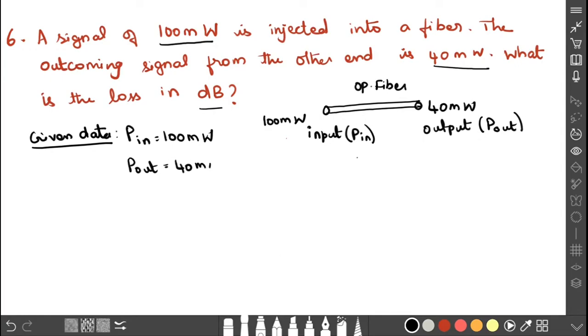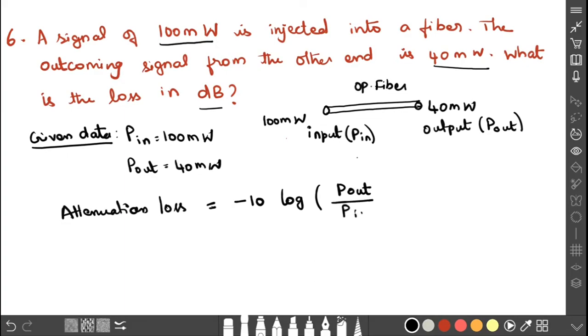Next, the formula for finding the loss, actually the attenuation loss. Listen carefully: attenuation loss is equal to minus 10 log of P out divided by P in. Its unit is decibel. So these two values we substitute in this formula to get the loss.